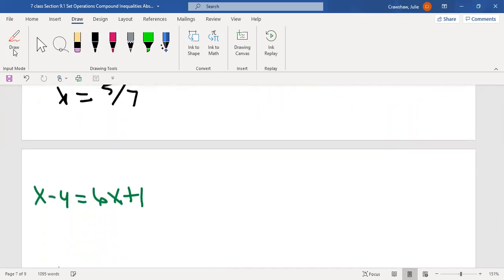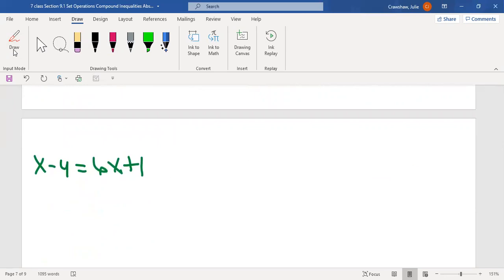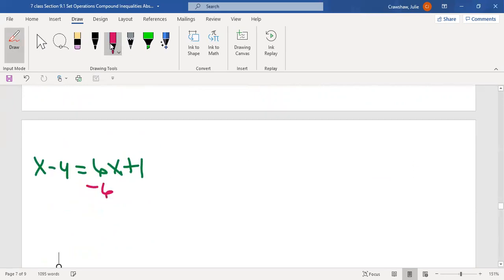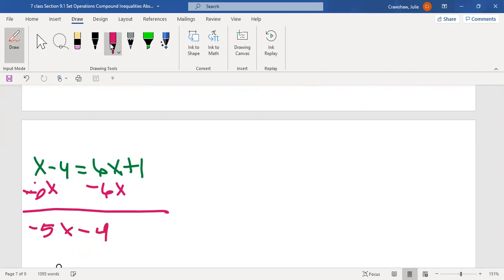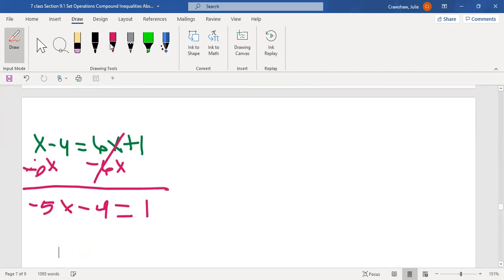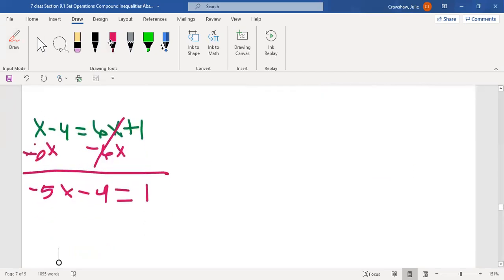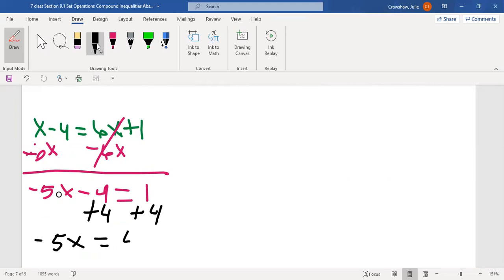Now to find my other answer, I go down here, and I do the same thing. I get the x's on one side, so I'm going to subtract my 6x. I always like to move the x's to the left and numbers to the right, but it doesn't matter. So I have negative 5x minus 4. Those are opposites, so they're gone, equals 1. Now I'm going to add my 4 to both sides, and I get negative 5x equals 5.